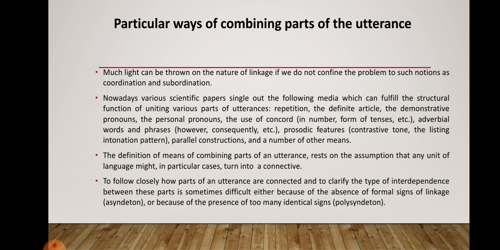To follow closely how parts of an utterance are connected and to clarify the type of interdependence between these parts is sometimes difficult, either because of the absence of formal signs of linkage or because of the presence of too many identical signs.